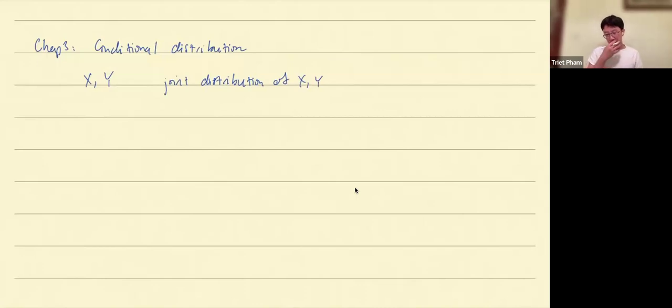And so, for example, if x and y are both discrete, then you would look at something like this. This is the joint distribution function. If both are continuous, then you will look at something like this. This is the joint density.